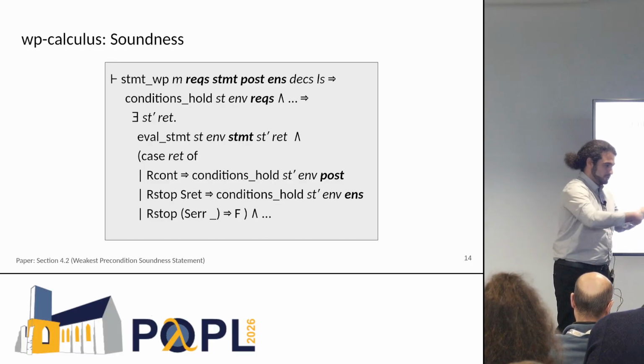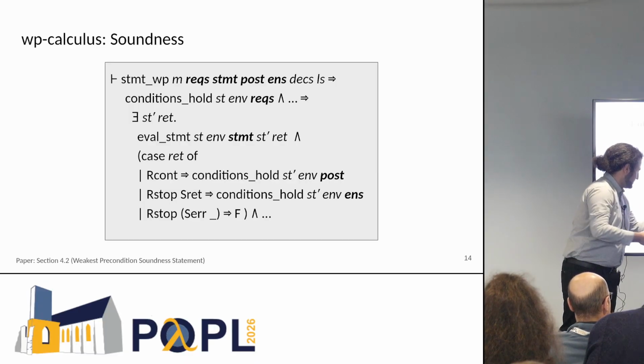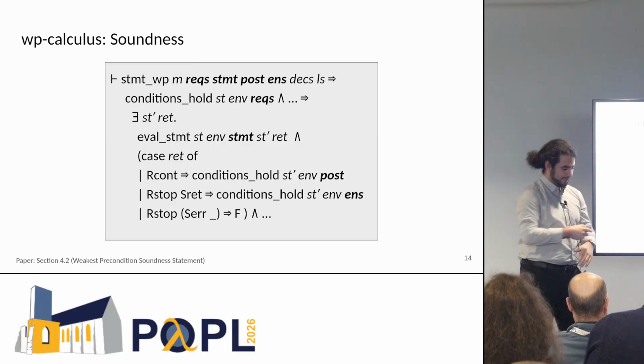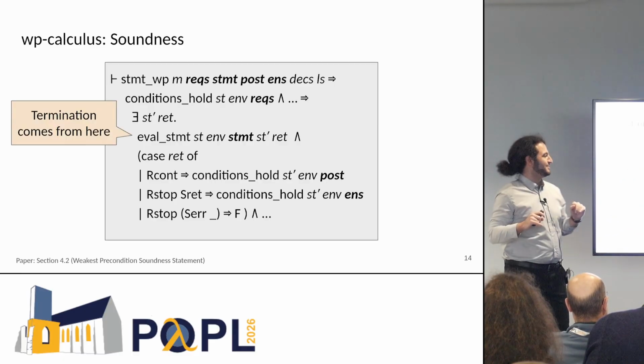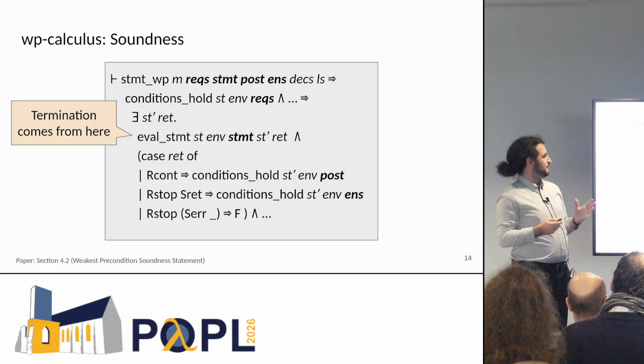It's either just continuing, like in the case of sequential composition, or returning, and then post and ensures holds accordingly. And if you're curious about where the termination is, it's hidden here. I'm not going to talk more about it, but it's in there. We definitely have a proof that everything terminates.